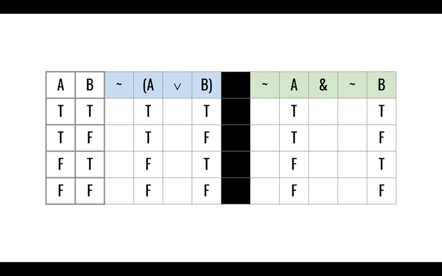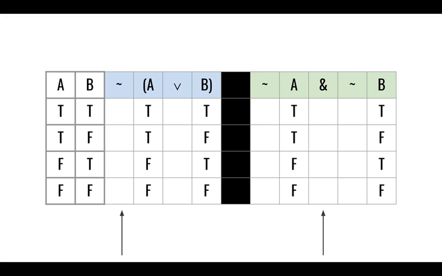I've done it all in one step, because anything that you can find in the A column on the far left should be copied and pasted into every other column where A is a simple sentence. Similarly for B, you just copy and paste it wherever you see a B in the formulas themselves.